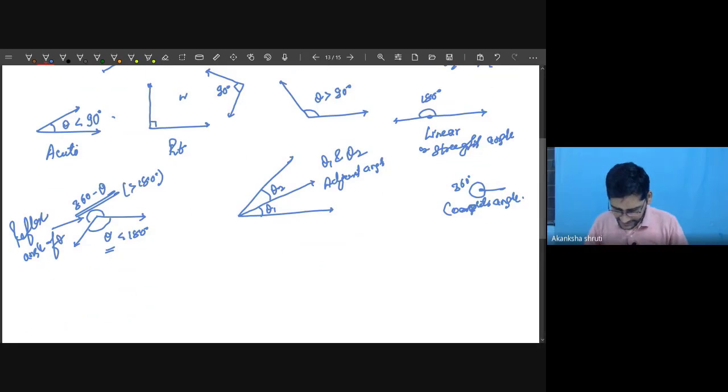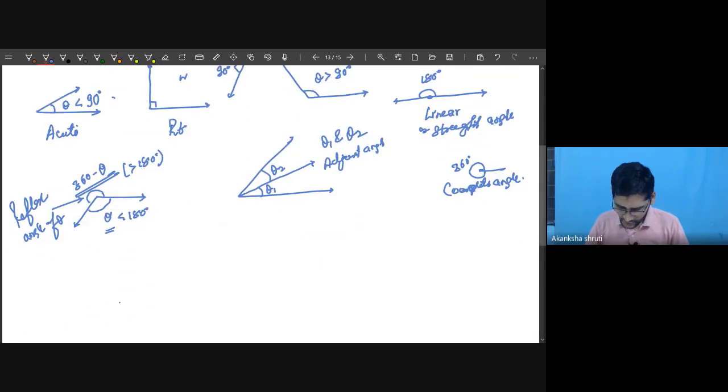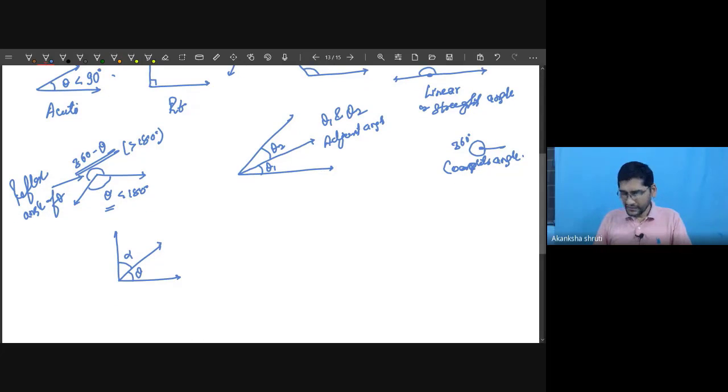It is possible that these two adjacent angles are such that the sum of the two angles, let us call this theta and denote the other by alpha. So here neither theta nor alpha itself is 90 degrees, but theta plus alpha is 90 degrees.